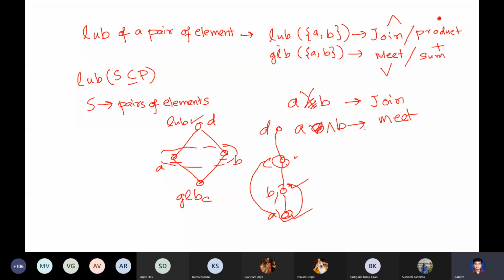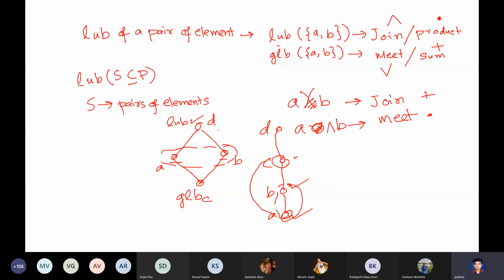So this also should be exchanged. No, let me see anyway. This is represented by dot. So this is the least upper bound, and this is the greatest lower bound.